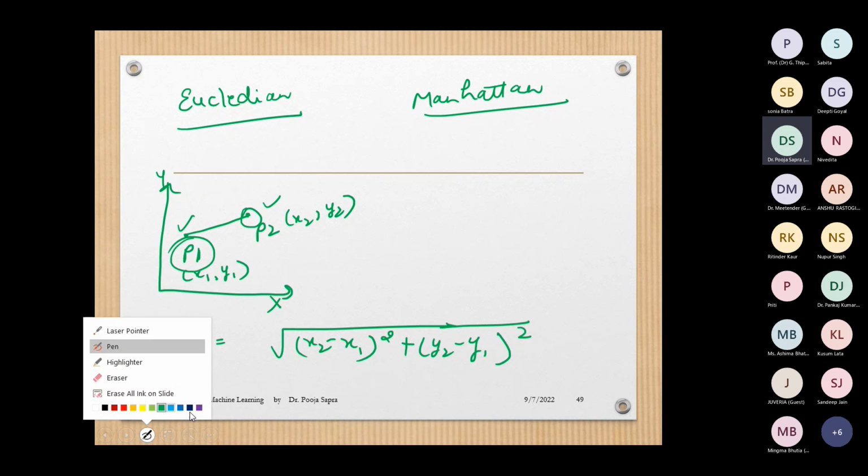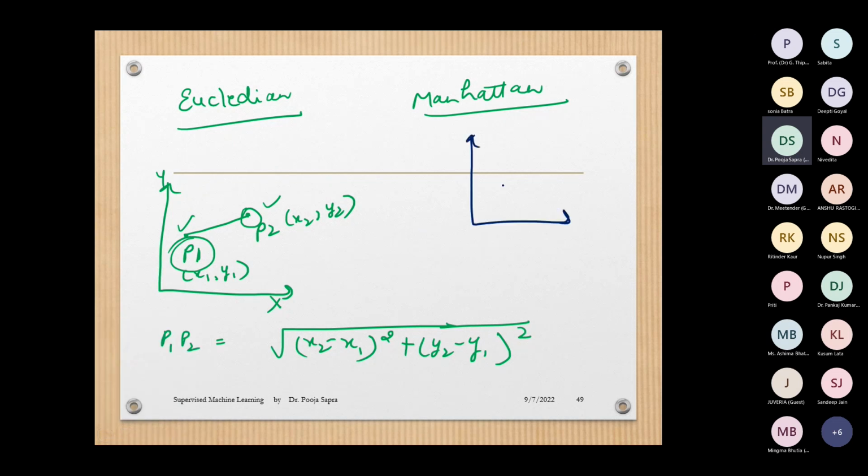Next is Manhattan. Now, what is Manhattan distance? In this case, when we have two points P1 and P2, first of all, we calculate the horizontal distance from P1 to this point. Then we calculate the vertical distance from this point. So we went horizontal and then vertical, right?